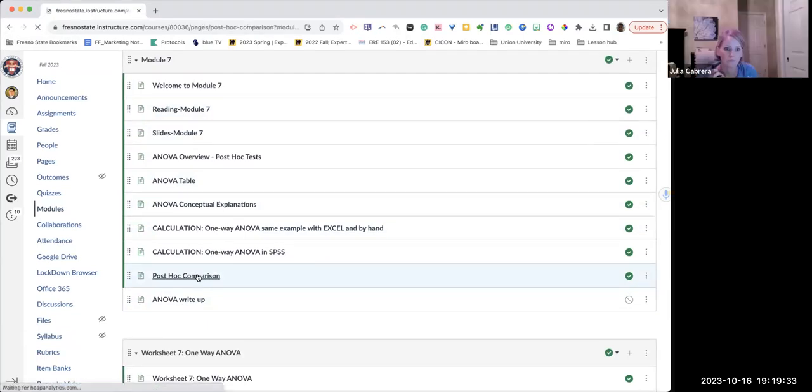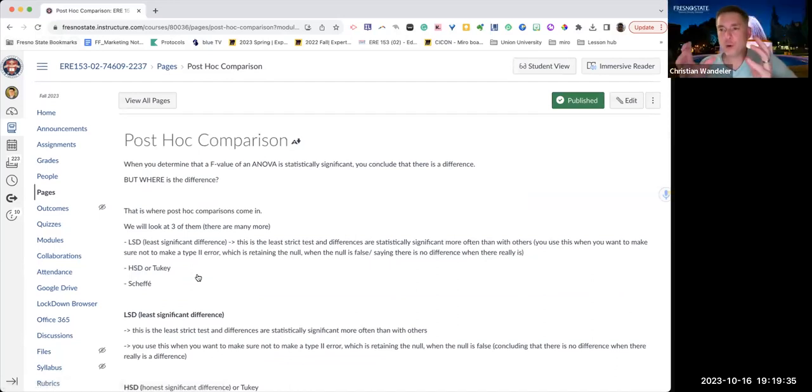What that does is, when we run the ANOVA, the first result, whether it is significant or not, just tells us that there is a difference somewhere, right? The ANOVA is the test that we use when we have more than 2 groups, so 3 groups or more.